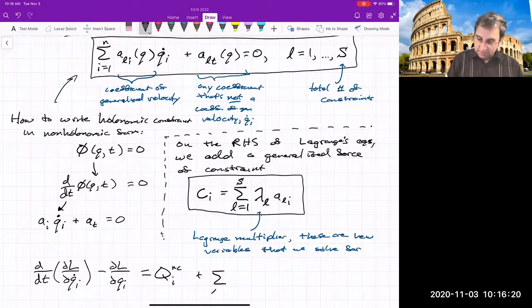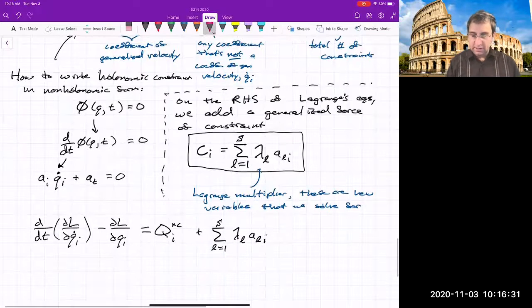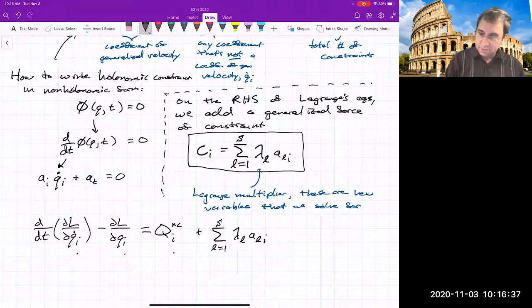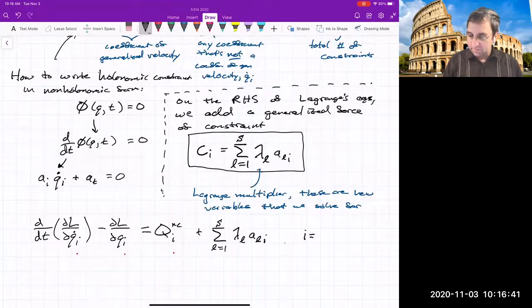or we could just write it all out. I'll just write it again. Sum, l goes from 1 to the number of constraints, lambda_l a_li. So notice this index i is in each of the terms. This is the index of the generalized coordinate, so this goes from 1 to n.